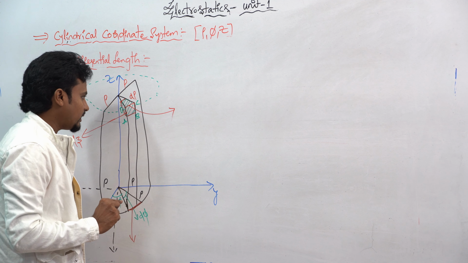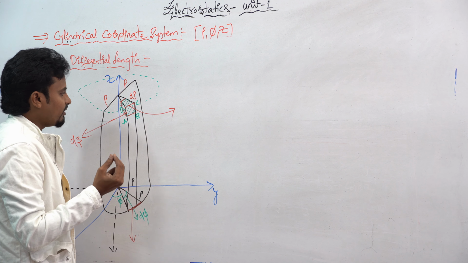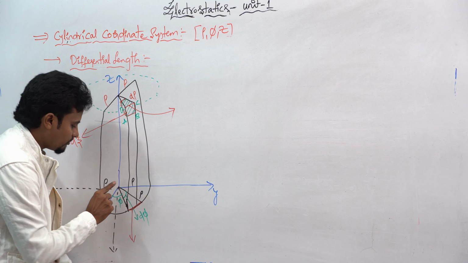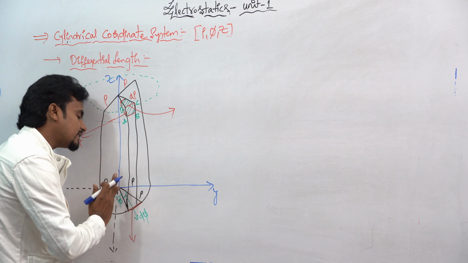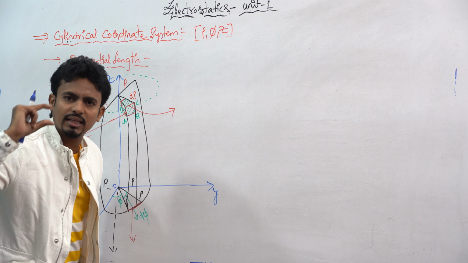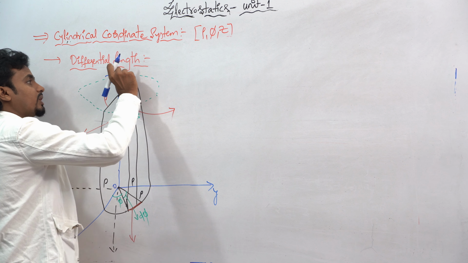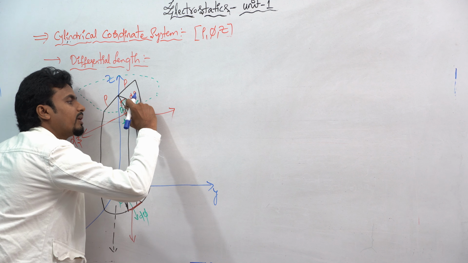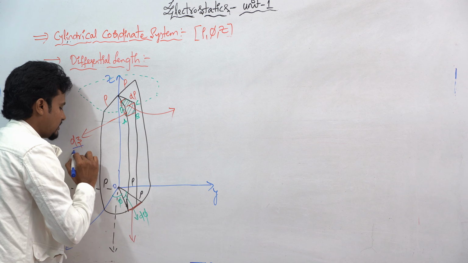Similarly, this is the z axis, and this is the total height from the origin. I can't take the full height from 0 to z; I will take only this much, which is small, and that becomes dz.